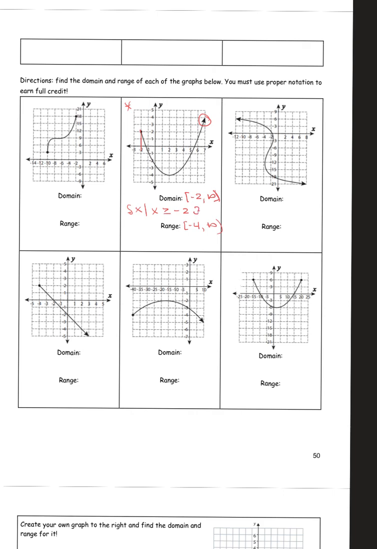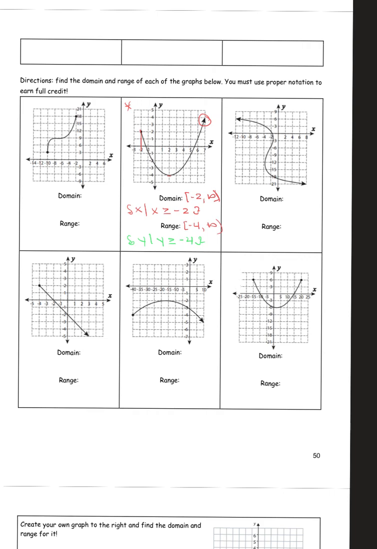Because that is a closed circle, it is going to be included. If it was an open circle, it would not be included. So it'd be x is strictly greater than -2. Looking here at y, since -4 is a part of our graph, that is included in our solution. So we're going to have y with y greater than or equal to -4.